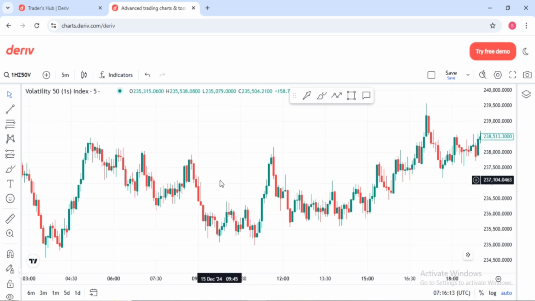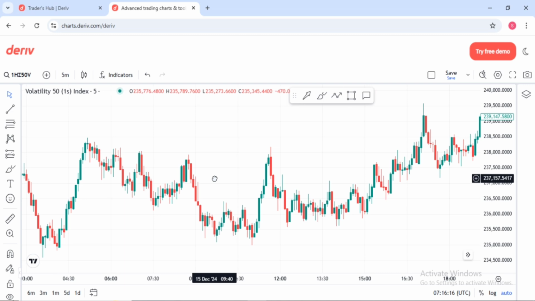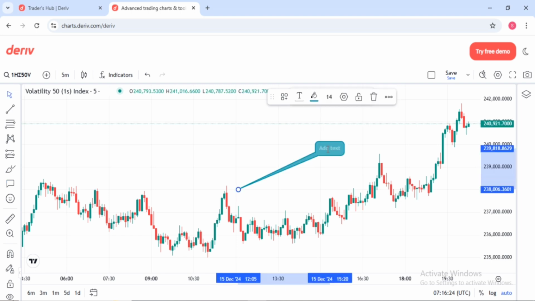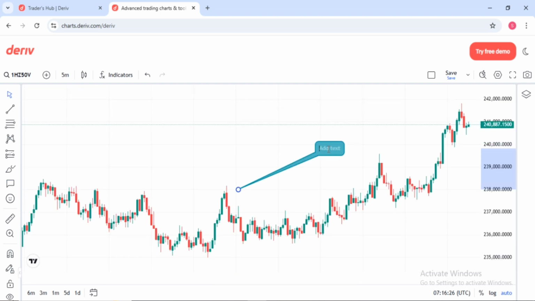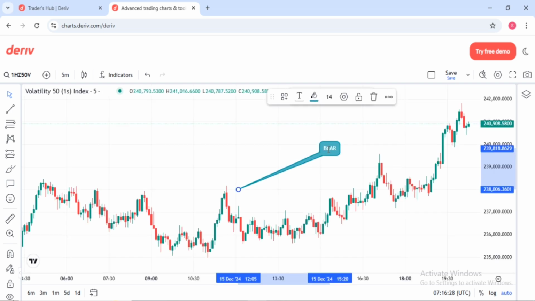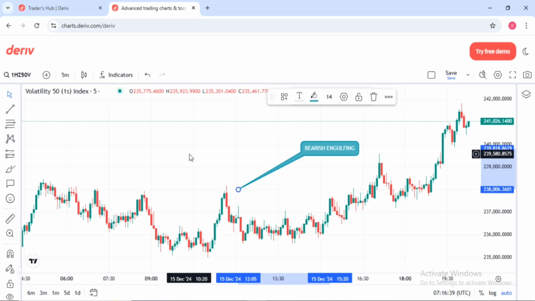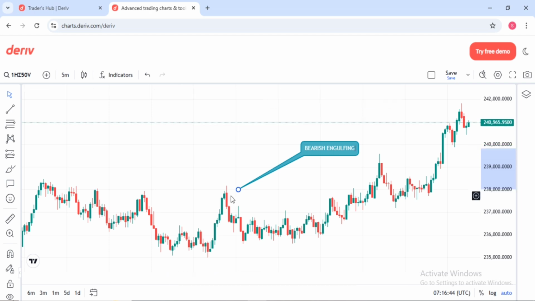Let me start with the one I can see here. This one is a bearish. So how is it formed? A bearish engulfing candle pattern is formed actually from two candles.